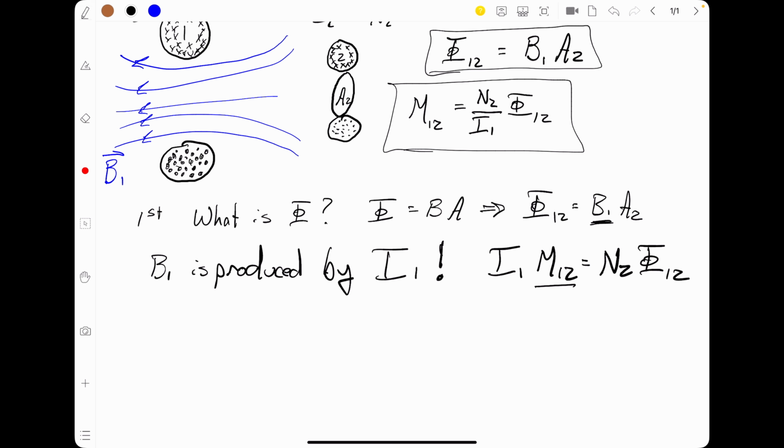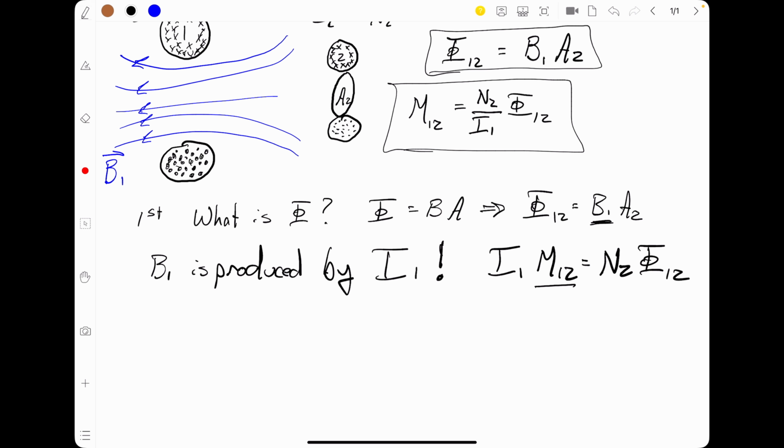So, units of mutual inductance. If you look at how it works, we've got B times A, all of that.